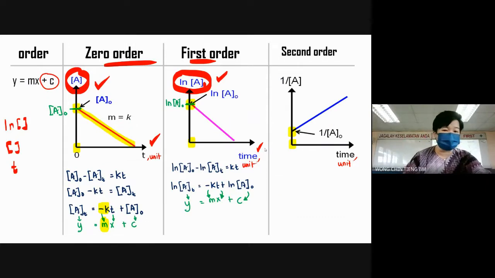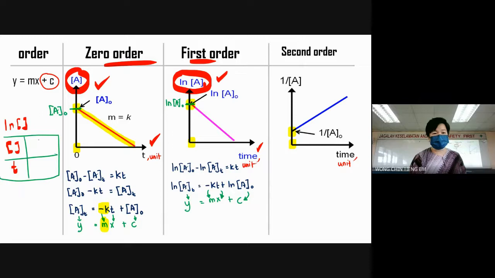Alright, how to go for this one? Macam saya cakap, soalan bagi concentration, soalan bagi time. Dia adalah sedikit sebanyak kamu kena teka, melainkan soalan macam tutor kamu, dia dah bagi tahu is a second order, ataupun dia dah bagi tahu K value.